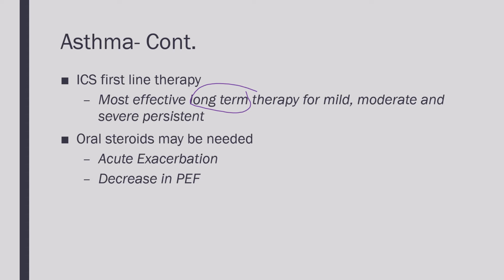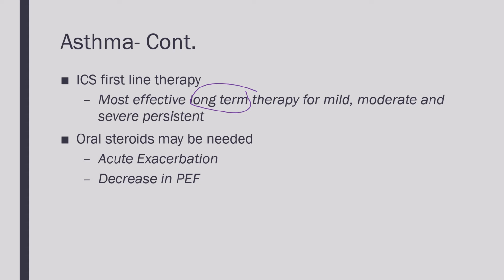We use inhaled corticosteroids for long-term therapy, right? And they're even starting to recommend, there's an article that I think I have on Blackboard for you, that talks about using inhaled corticosteroids instead of your short-acting beta agonists out there, right? And maybe it's a PRN short-acting beta agonist, but overall, that long-term inhaled corticosteroid is going to be best for maintenance and control.